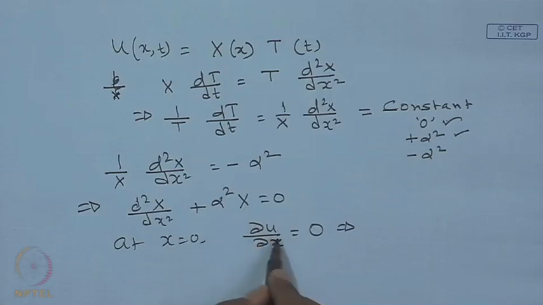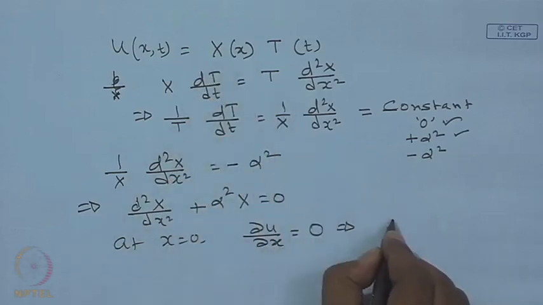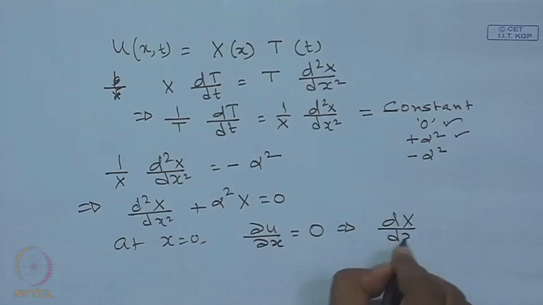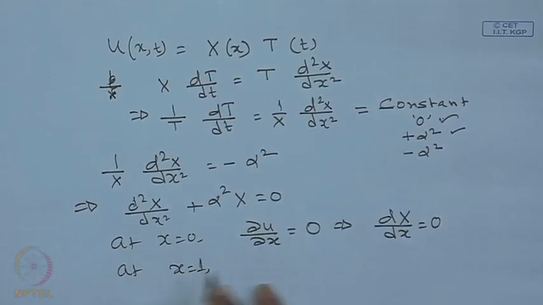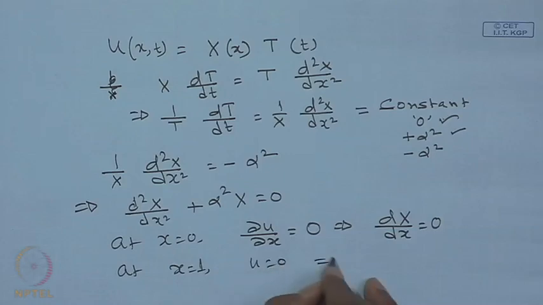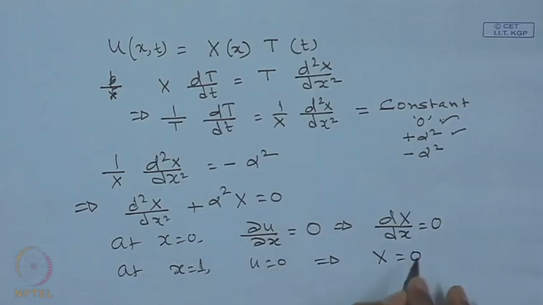Therefore, you just put u is equal to X into T, T is independent of x. So, you will be getting dX dx is equal to 0. It will be a total derivative, because capital X is a sole function of small x. Similarly, at x is equal to 1, we have u is equal to 0. So, therefore, your capital X must be equal to 0.